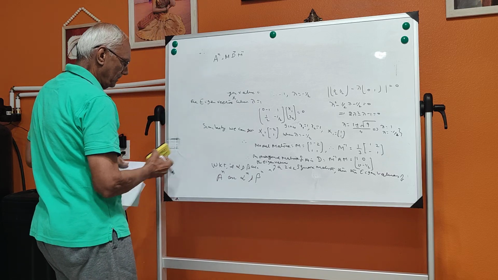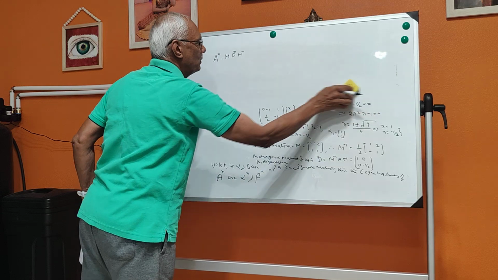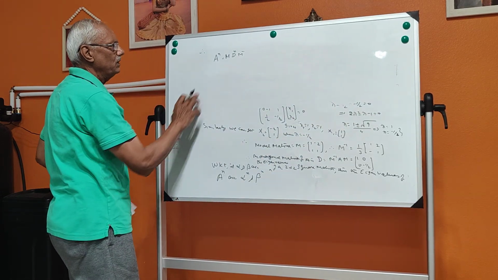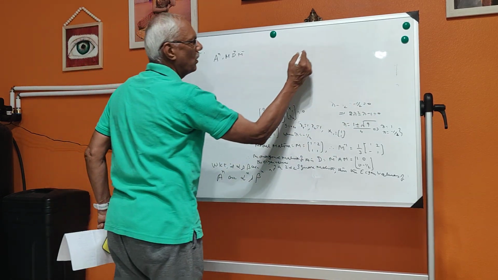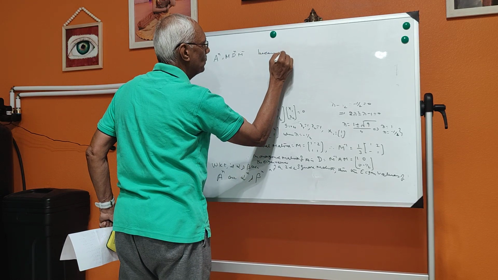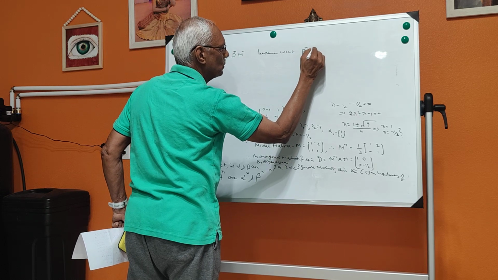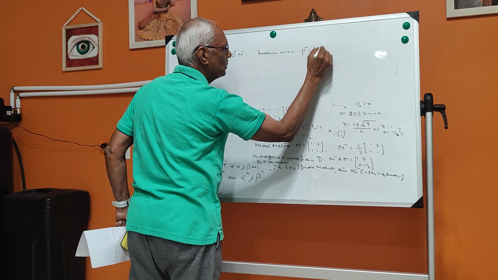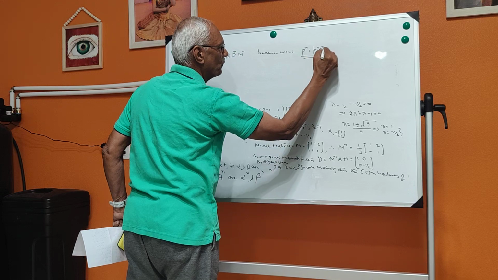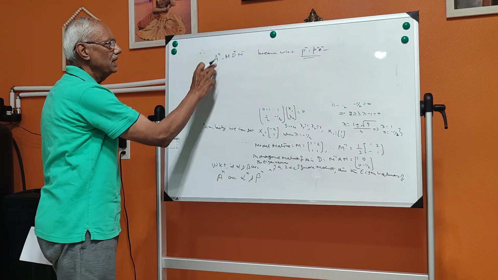Now from this you can calculate the value of A to the power of n. I told you that you must get the value of A to the power of n because we know that P n is equal to P naught into A to the power of n. So for this P n is required, that is why we calculate this A n.